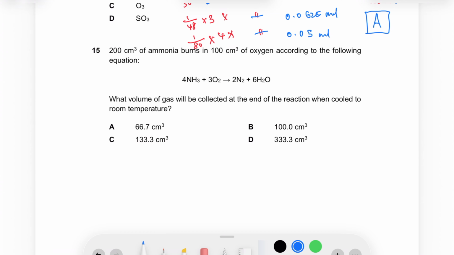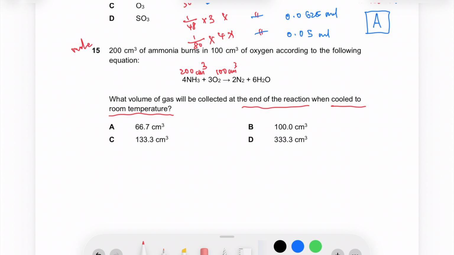Question 5, mole concept still. Okay, so it's mole. So 200 cm cube of ammonia. So this is 200 cm cube. Oxygen is 100 cm cube. So what volume of gas will be collected at the end of the experiment when it's cool to room temperature?